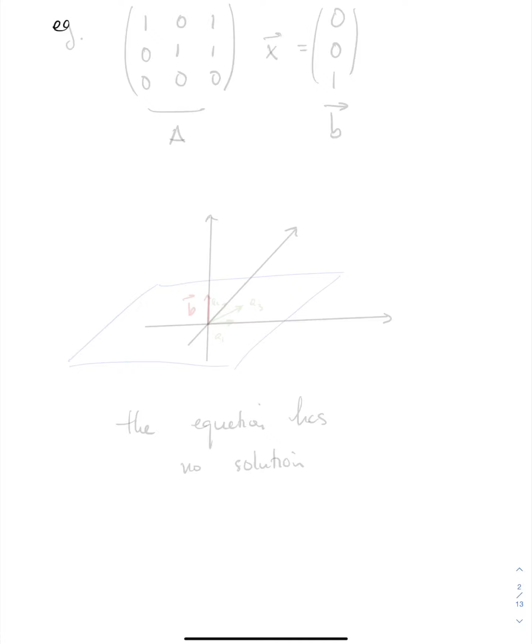Let's think about it in terms of a quick example. So if I've got (1, 0, 0), (0, 1, 0), (1, 1, 0) as three vectors, this being the matrix A, and we've got the vector (0, 0, 1) being the vector b. This is going to have a solution if and only if b is in the column space of A. And we can actually do a quick sketch of this column space.